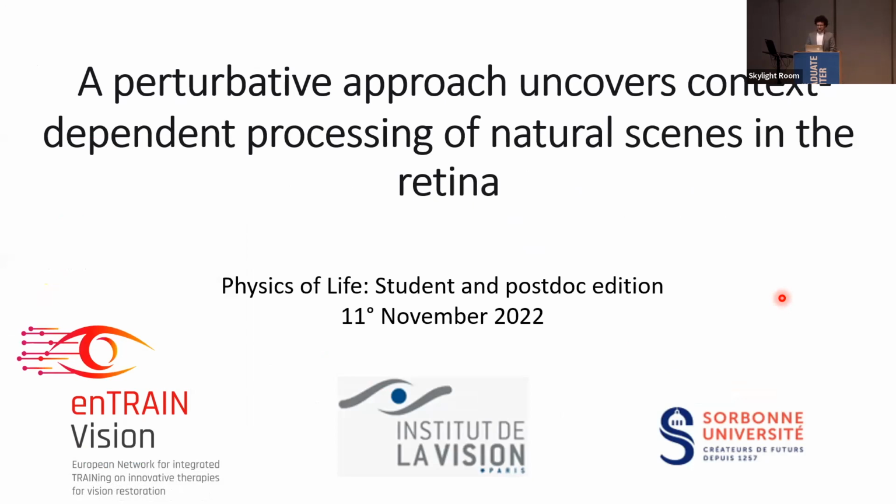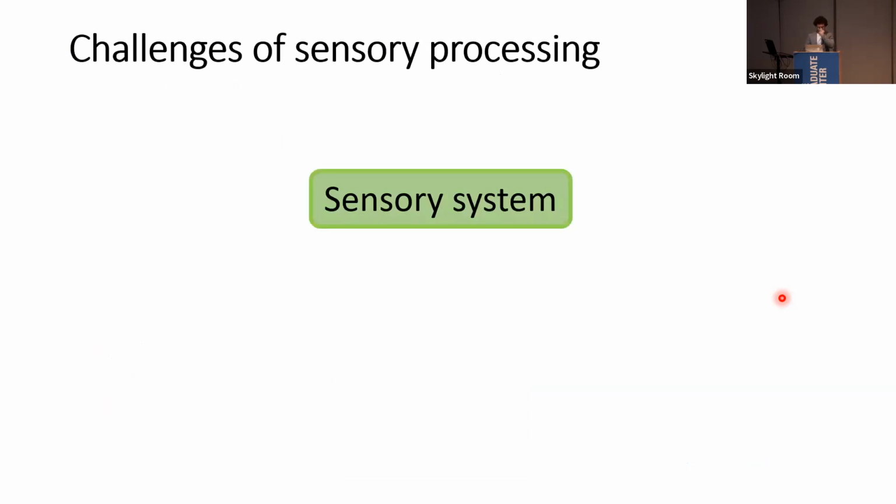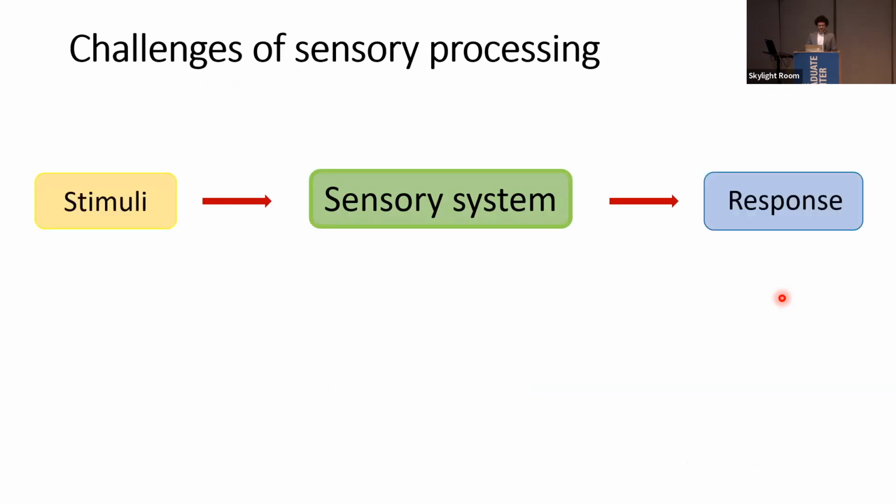So in this talk, I will present an experimental approach that we introduced in the lab that, if combined with mathematical modeling, has proved to be effective in studying sensory systems. When we're faced with a sensory system, a classical way of studying it is to present it some stimuli and record responses from it.